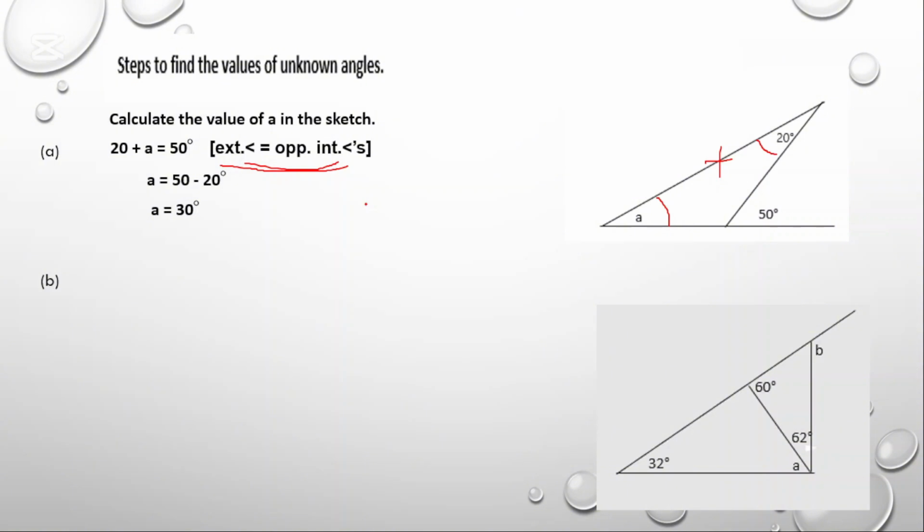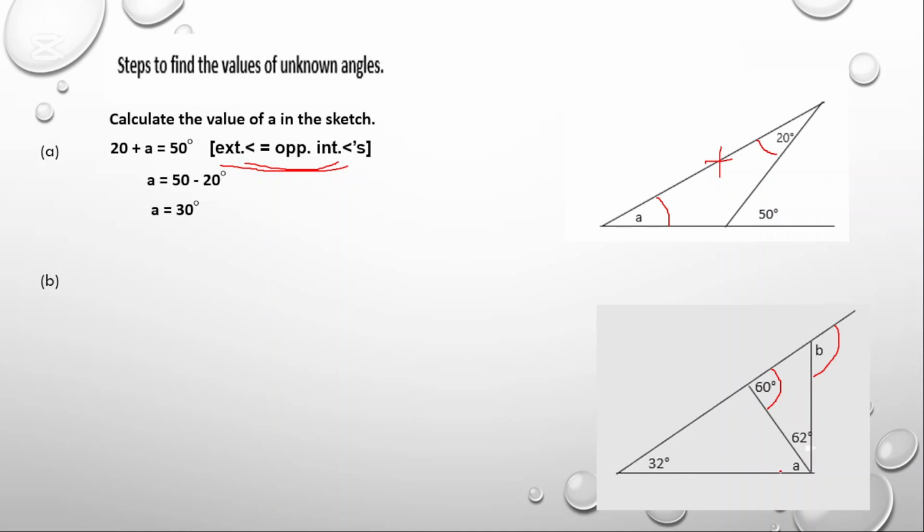Next example. Look at it over here. Now B, there's two triangles over here. So B over here is the exterior angle of this triangle, and 60 is the exterior angle of this triangle here.